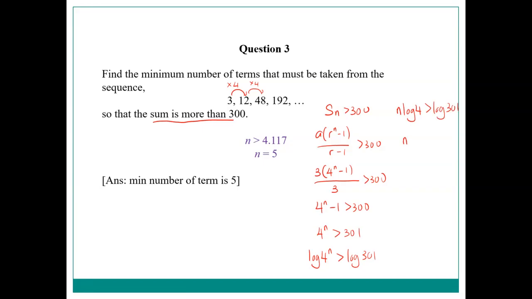So I have n greater than log 301 over log 4. I press the calculator, log 301 divided by log 4, I get 4.11. So n greater than 4.11. So what is the minimum number? The minimum is 5.